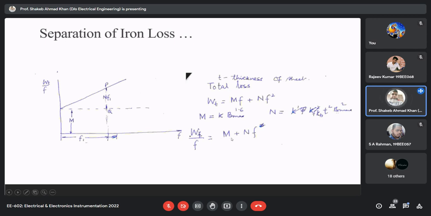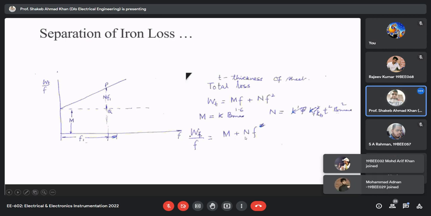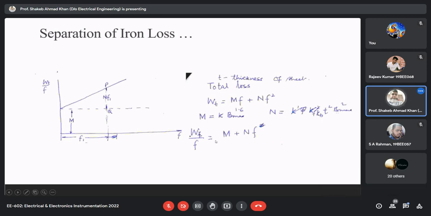So if in this equation we are able to find these coefficients M and N, then we will be able to find the losses, because M basically represents the hysteresis loss per unit frequency, and NF represents the eddy current loss per unit frequency.